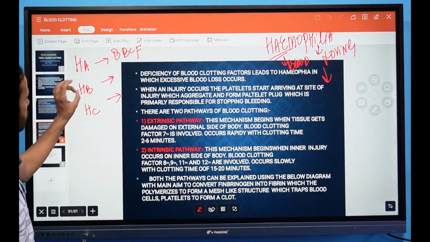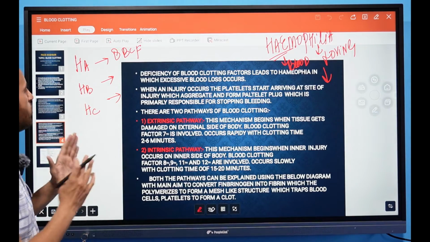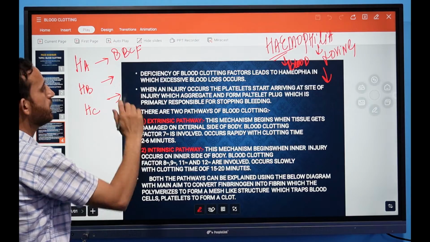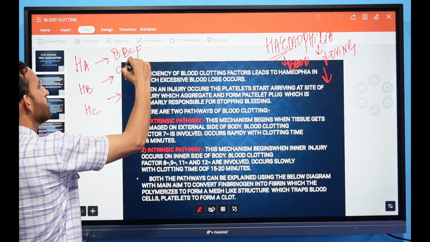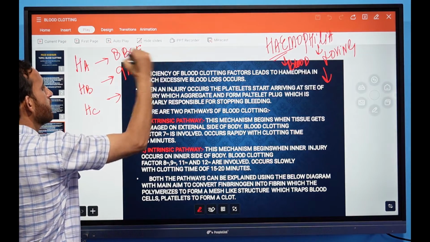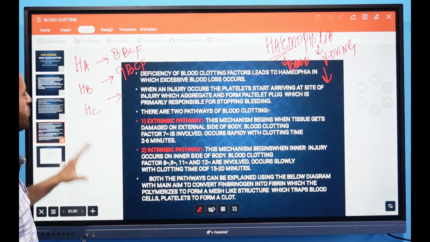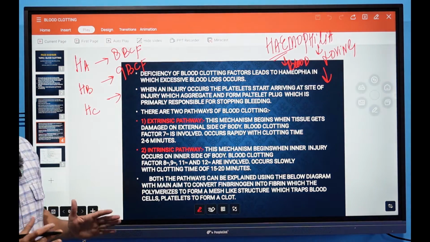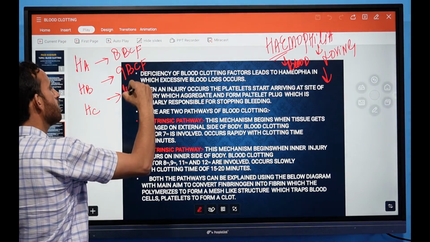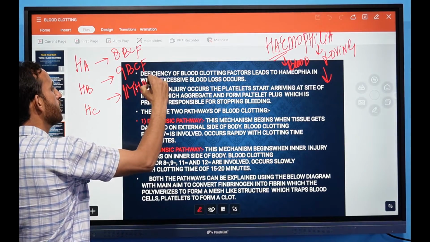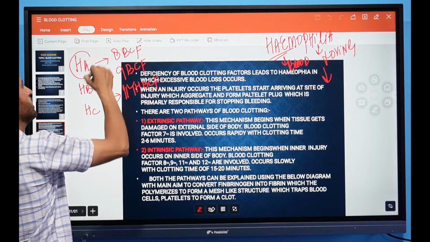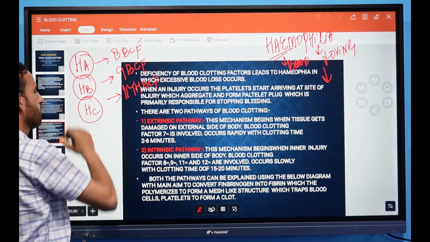Hemophilia B is caused due to deficiency of the 9th blood clotting factor. Hemophilia C is caused due to deficiency of the 11th blood clotting factor. So these are the three types of hemophilia.